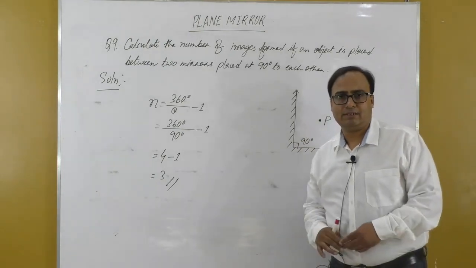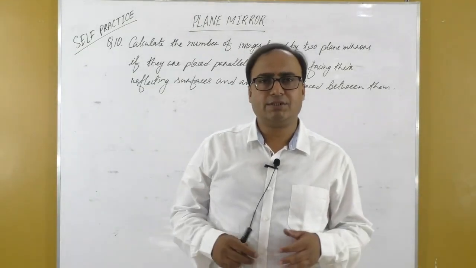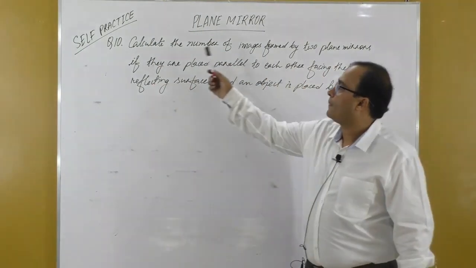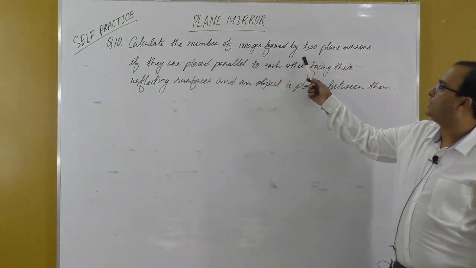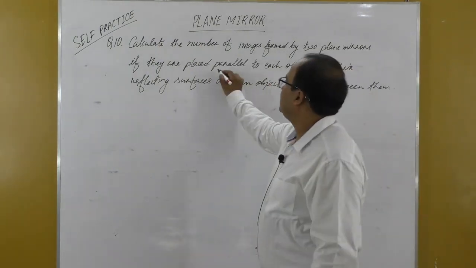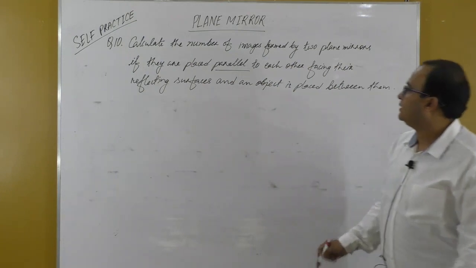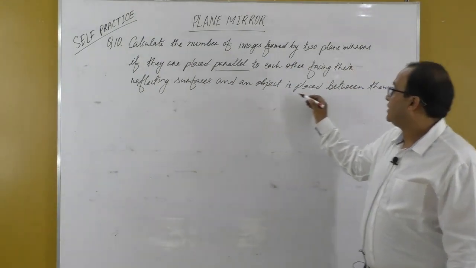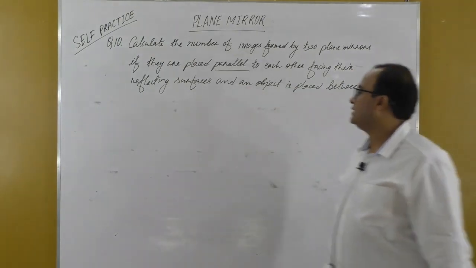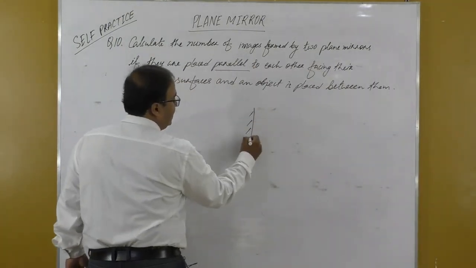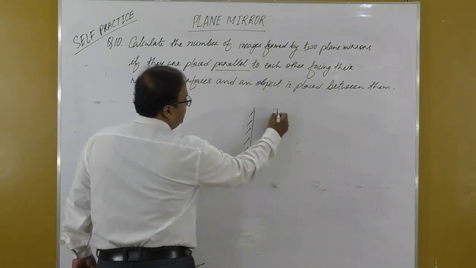Now question number 10, this question is for your self-practice. Calculate the number of images formed by two plane mirrors if they are placed parallel. This time the mirrors are placed parallel to each other, facing their reflecting surfaces, and an object is placed between them. So this time I am giving you a hint here. The mirrors are placed parallel to each other.